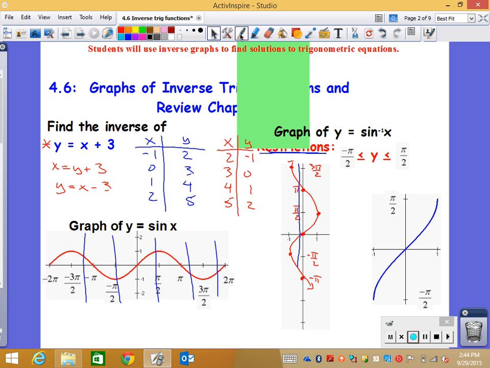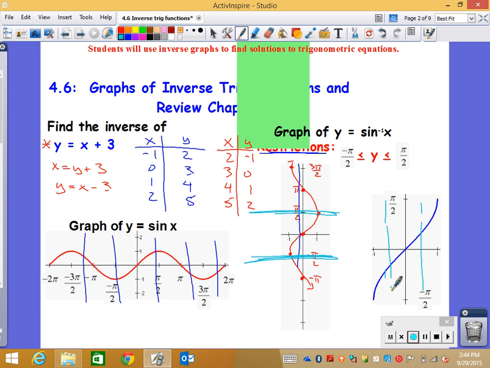So if we come back to my full graph, I'm restricting my inverse sine between the 2 teal lines. Why do I do that? Well, if we were to look at this restricted graph now, I see that it'll pass the vertical line test at any point because I've restricted it that way.